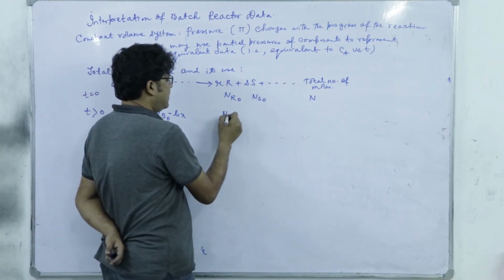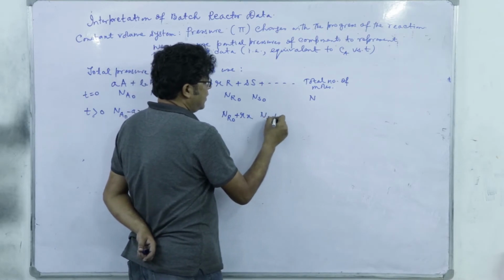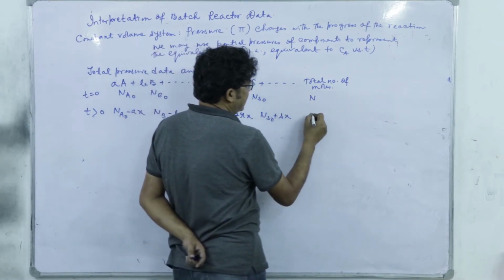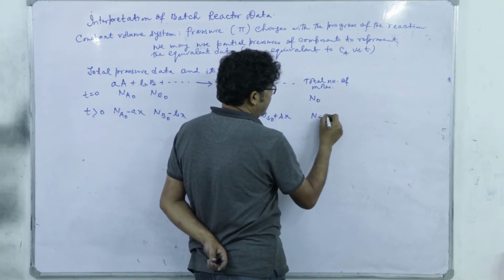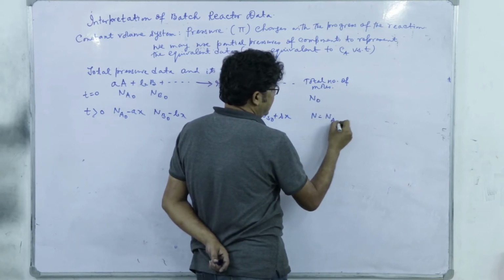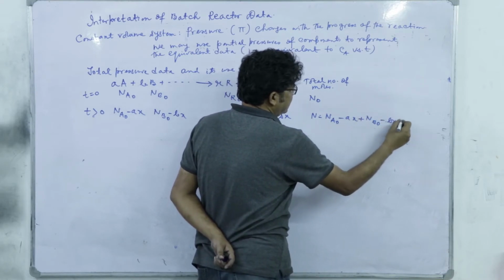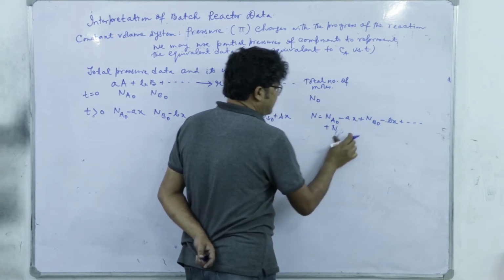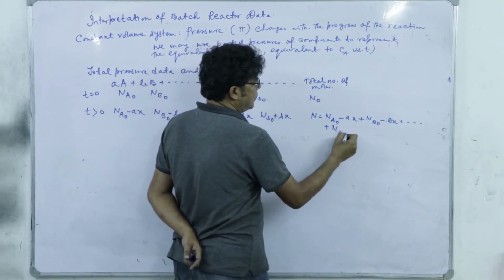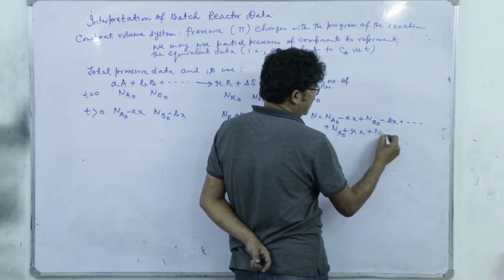This is NR0 plus rX, NS0 plus sX, and this N is NA0 minus aX plus NB0 minus bX plus NR0 plus rX plus NS0 plus sX.